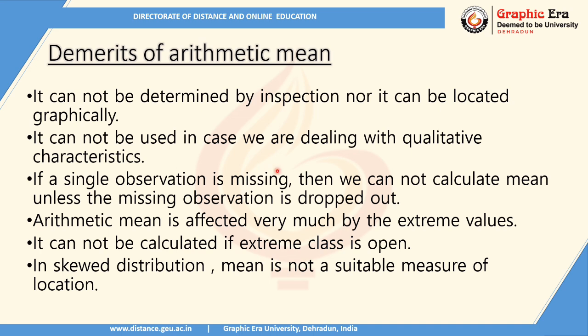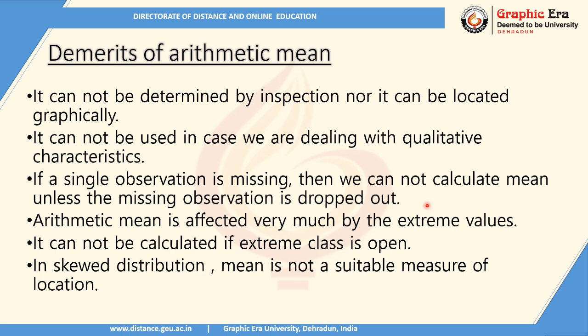If a single observation is missing, then we cannot calculate mean unless the missing observation is dropped out. If any data is missing corresponding to any of the values, then we cannot calculate mean, because what should we put in place of that particular value?